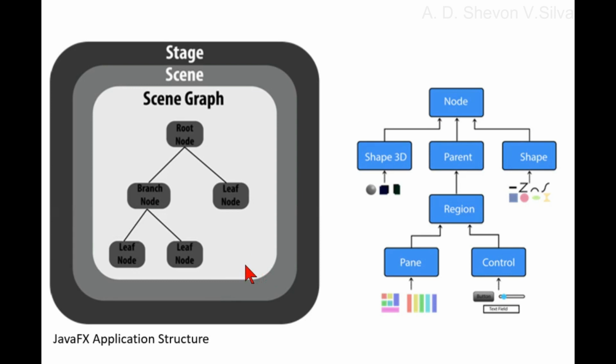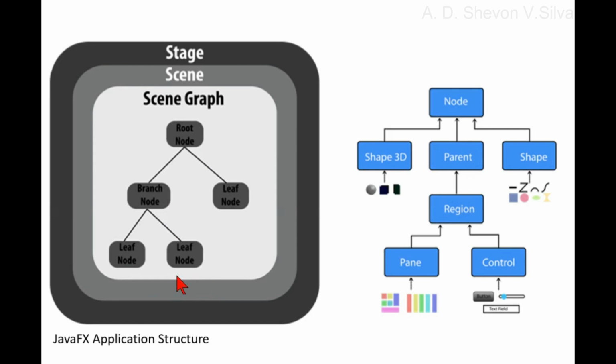There is always one root in the scene graph. This will act as a parent node for all other nodes present in the graph. However, this node may be any of the layouts available in the JavaFX system. Leaf nodes exist at the lowest level in the hierarchy.